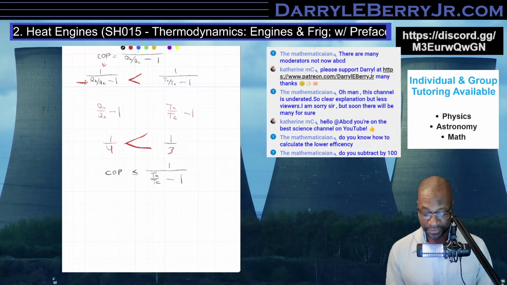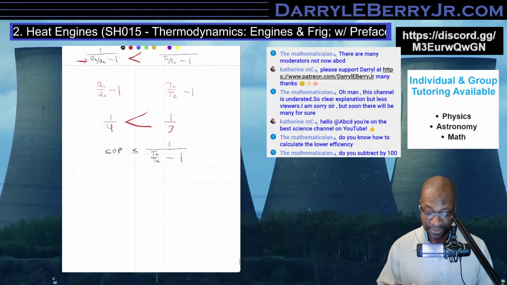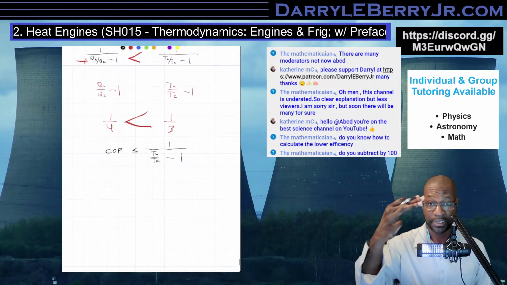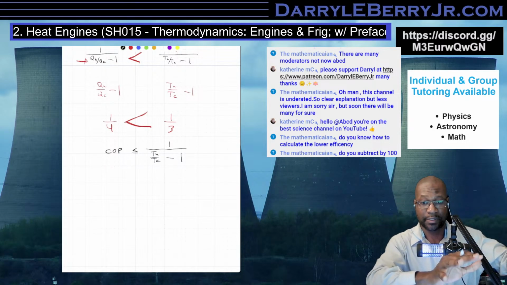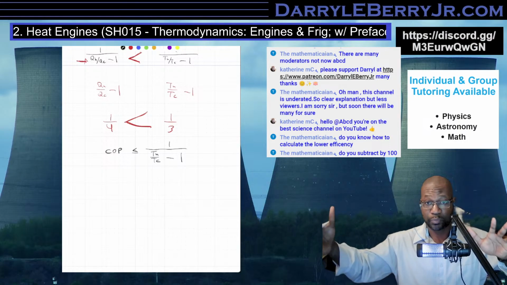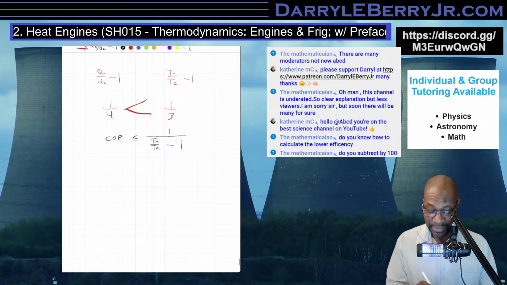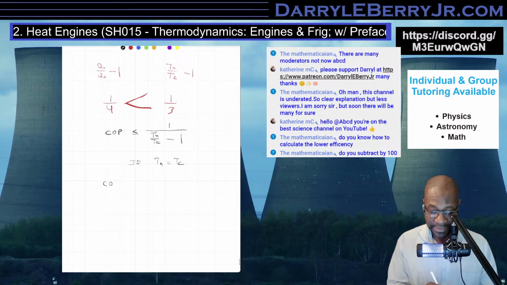So let's look at this and see what this will tell us. This means that if, let's say, the inside of the refrigerator is the same temperature as the room. So let's say TH equals TC, this means that COP is going to be 1 divided by T over T minus 1.